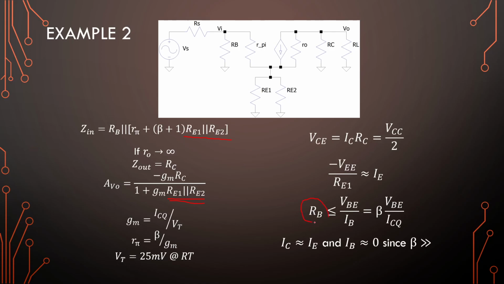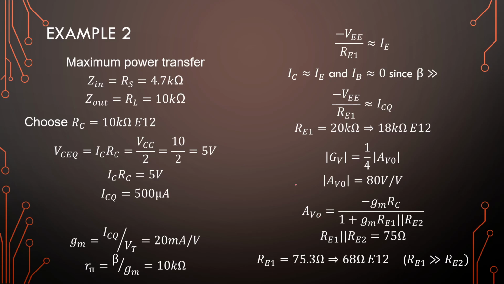So this gives us a lot of freedom when designing for a specific input impedance if we can select our RB very freely. Okay, so maximum power transfer means that our input impedance and our source and our output impedance and our load should be equal to one another.